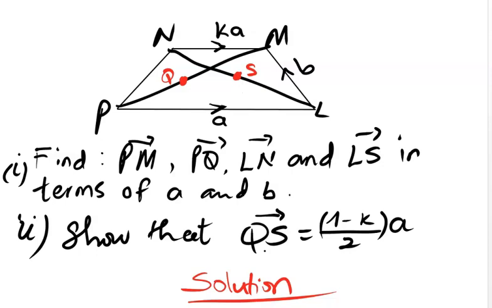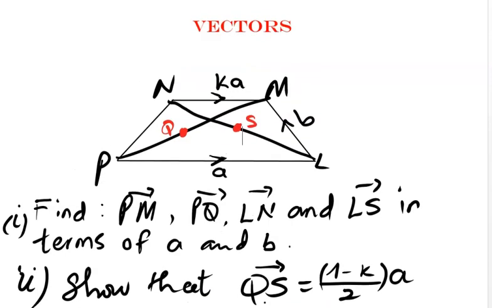That said, we are asked from the diagram to find PM, PQ, LN, and LS in terms of A and B. So how then do you obtain our PM?